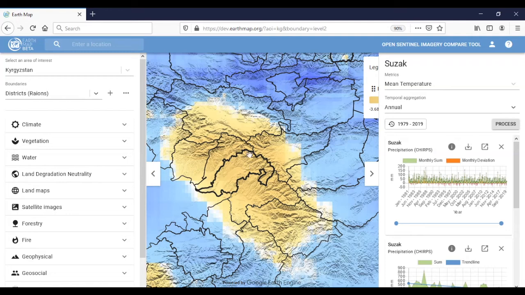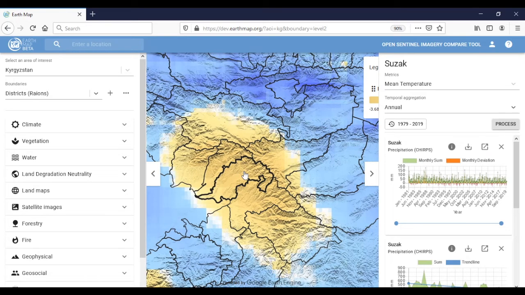If we want to analyze the local climate, we can also have a look at the temperatures.